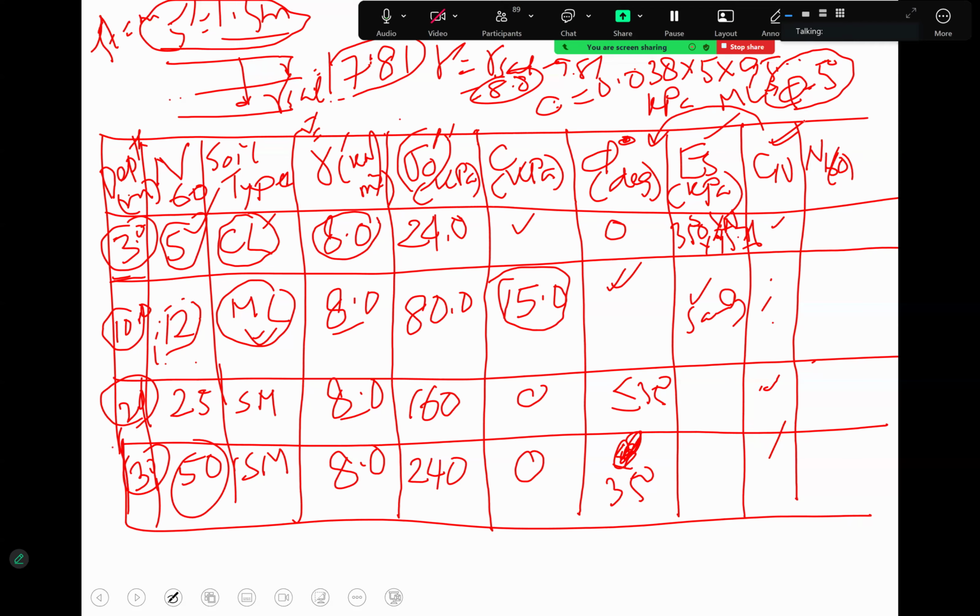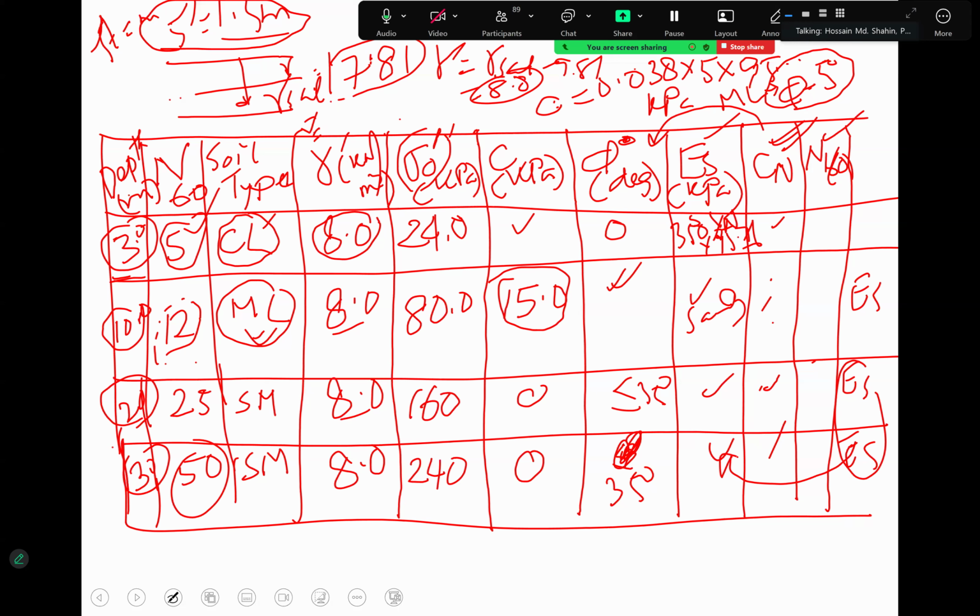Using CN, you can get N1 60. These two columns will be inside this one. So first calculate CN, then N1 60. And using this N1 60, you can get the ES, ES of silt, ES of sand.